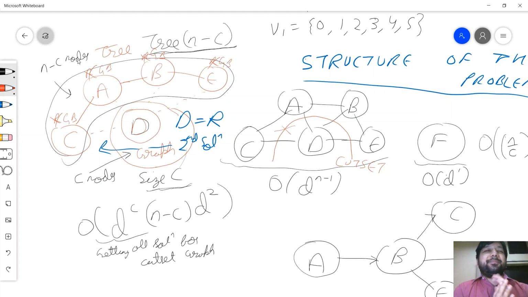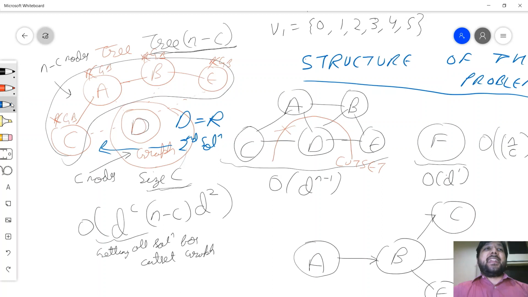I did not tell you anything about the algorithm that cuts some nodes from a graph and makes them a tree such that the size of the graph is minimized. So my cut set, out of all the infinite possibilities, is the one that has the least number of nodes, and the non-cut set part of it is still a tree. That's the quality of a cut set.